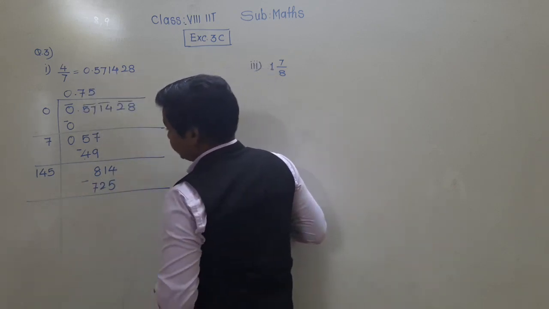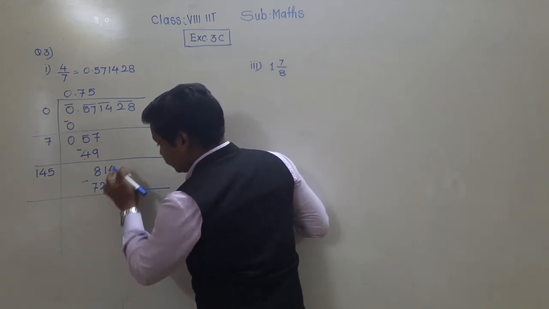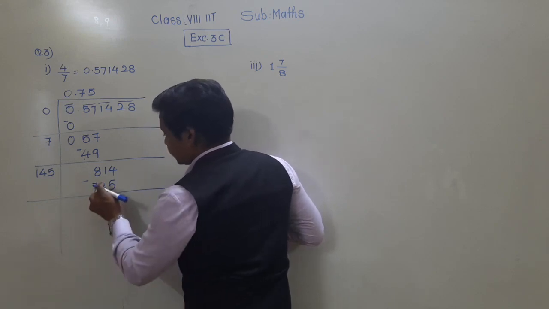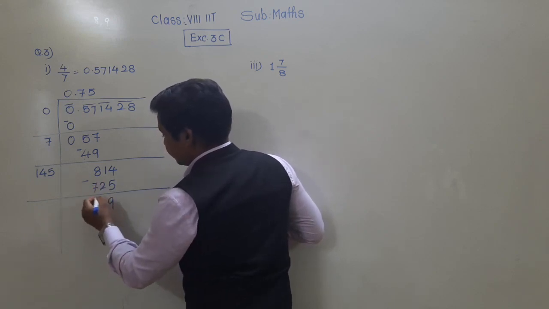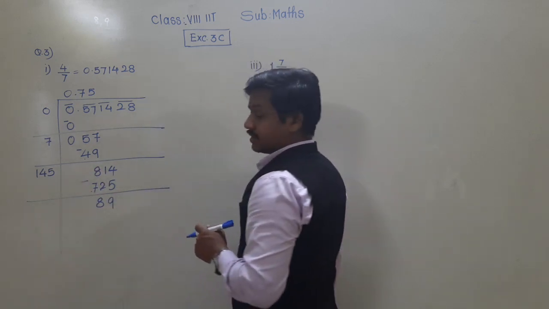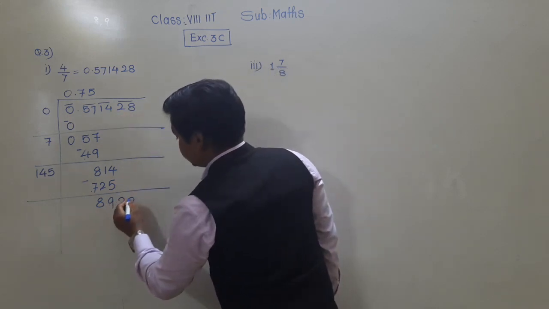Now 40 minus 5, 14 minus 5 is 9, 1 carry forward here. 11 minus 3, 8, 1 carry forward, 8 minus 8, 0. Remain 89. Understood?